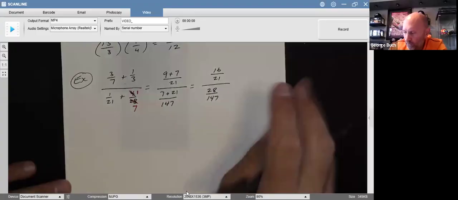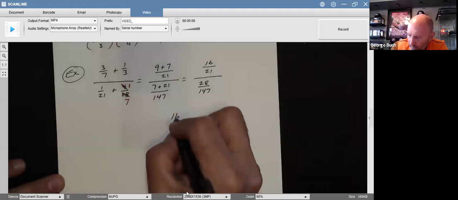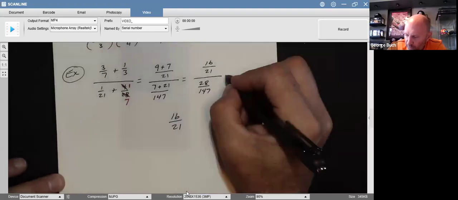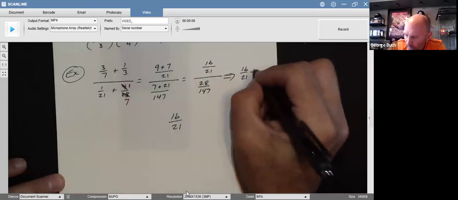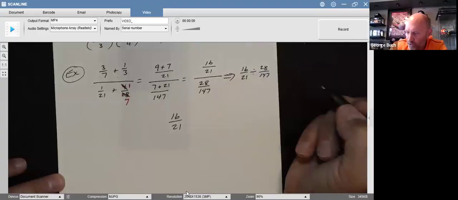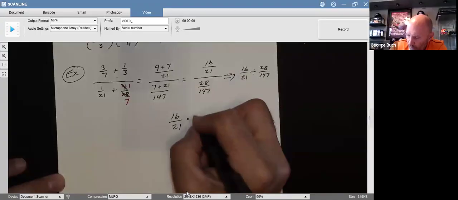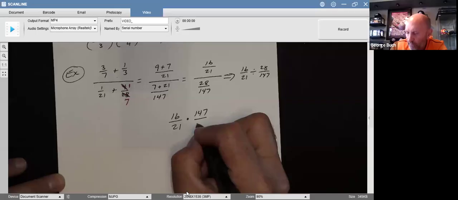So now we can do what? Keep, change, flip. So keep the top one. If we want to think about this, this is really what? 16 over 21 divided by 28 over 147. So keep, change, flip. Change this to multiply, flip this guy. So 147 over 28.